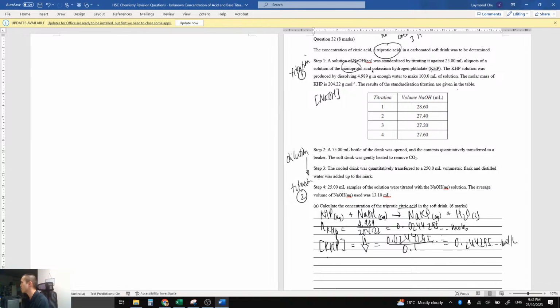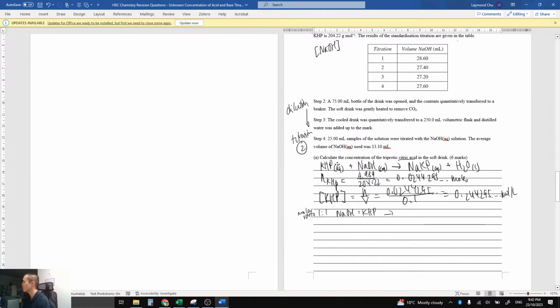Now we said it was a 1-to-1 molar ratio between our NaOH and our KHP. Then we can use a shortcut. Instead of finding the moles, the mole ratio, and then moles over the volume to get concentration, we can do C1V1 equals C2V2.